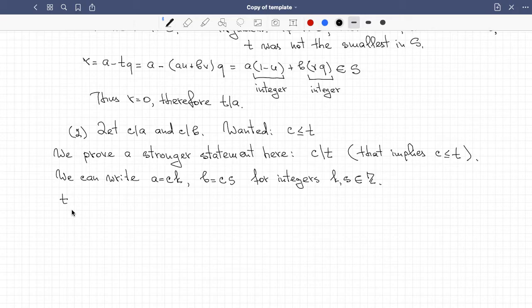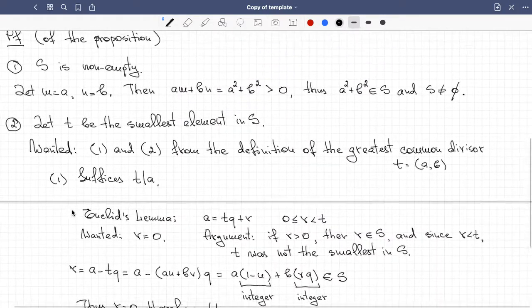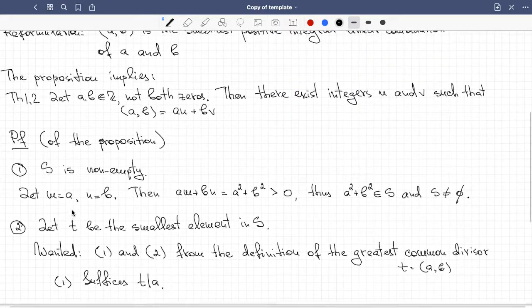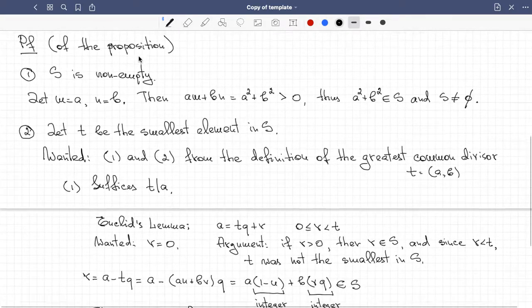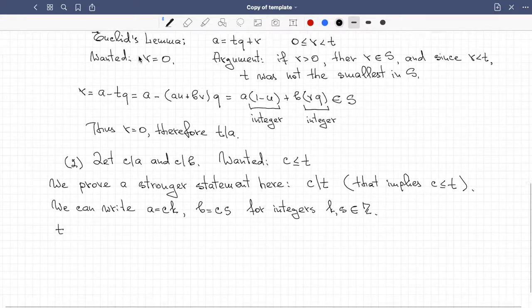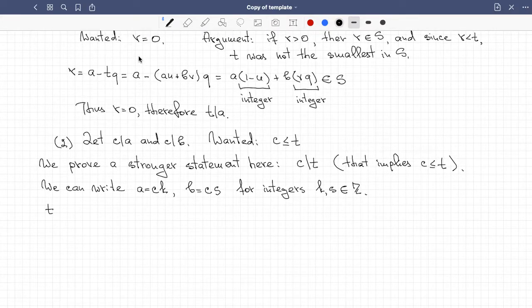T was in S, so it is A times integer plus B times integer. I will say A times U plus B times V, some integers instead of M and N. I'm trying to keep notations close to what the book has.